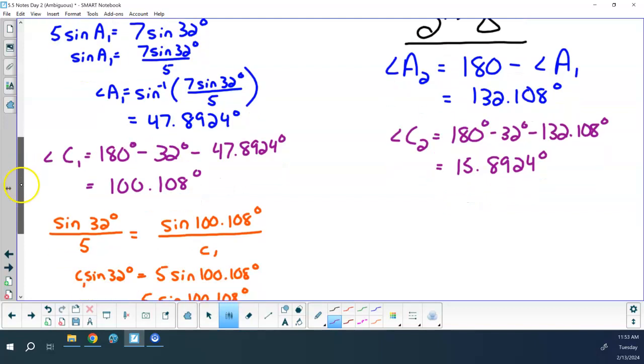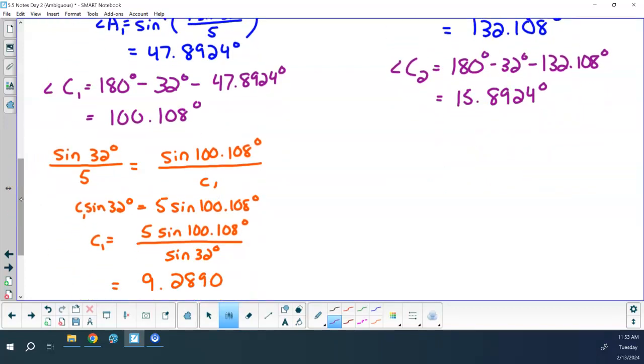And then this calculation down here, the only thing that's going to change for side C sub 2 is going to be the angle that you use. So you don't have to do all of that extra work for it. Okay?